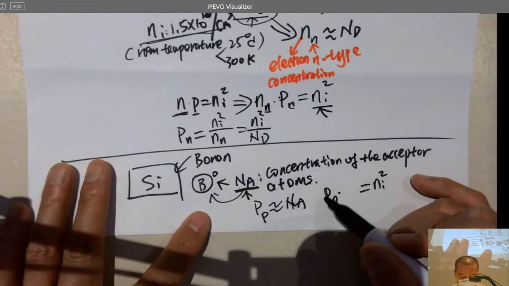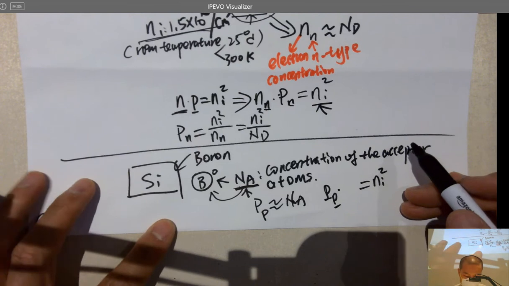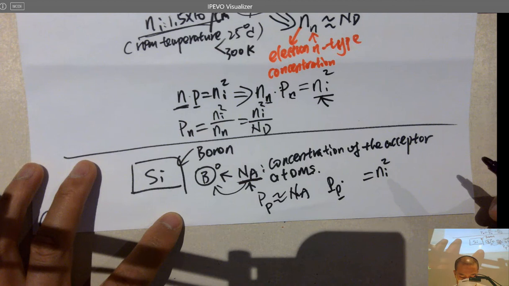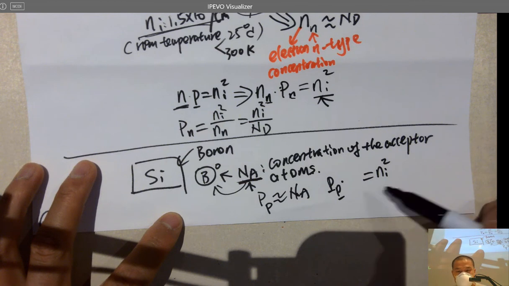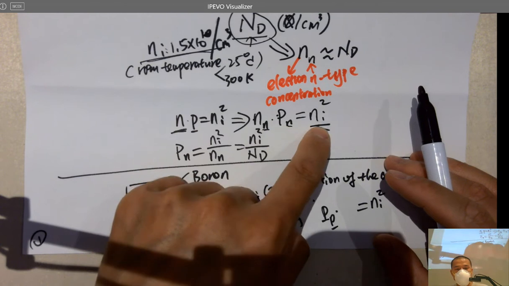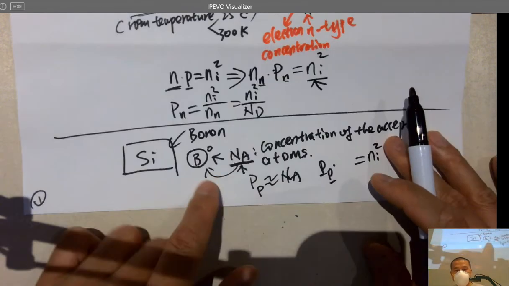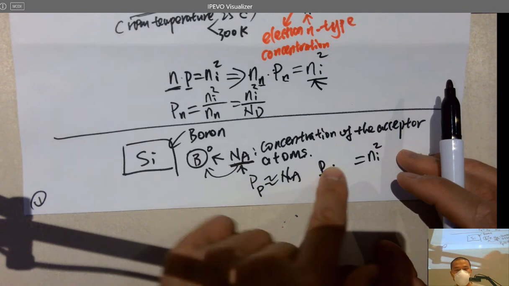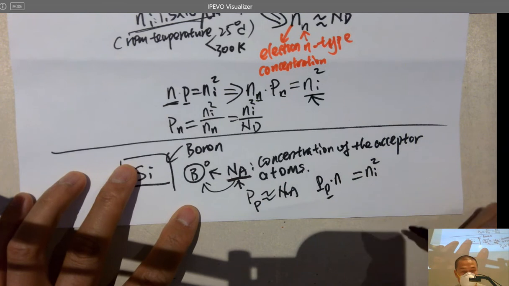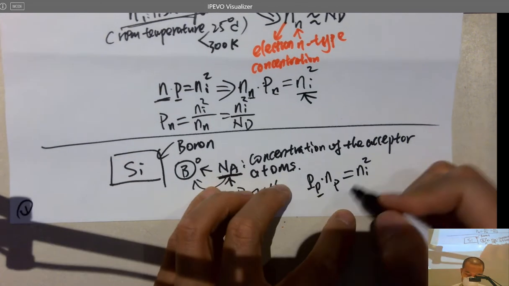P is the concentration of the holes. Pp times what equals ni squared. Same rules. N times Pn is ni squared in the n-type silicon. And here for the p-type silicon, it's Pp and what? Np. It's a p-type.